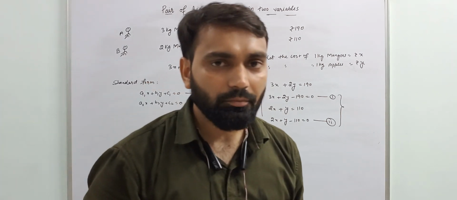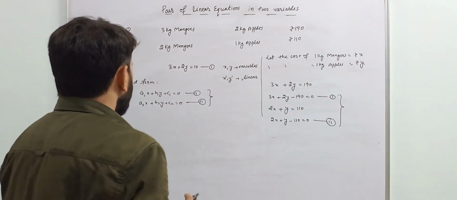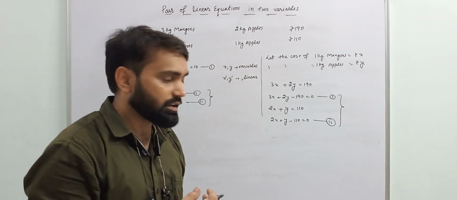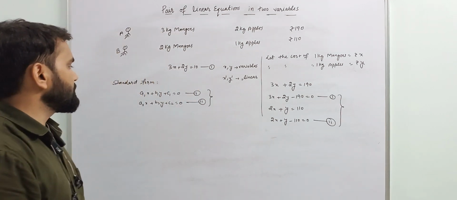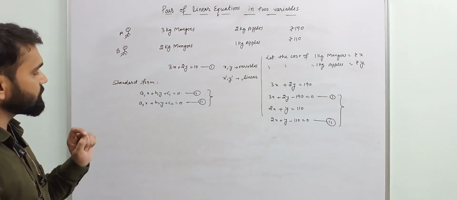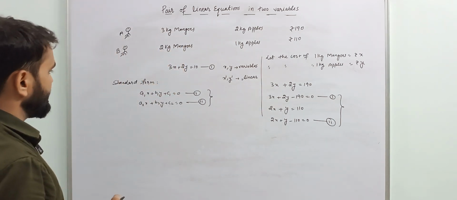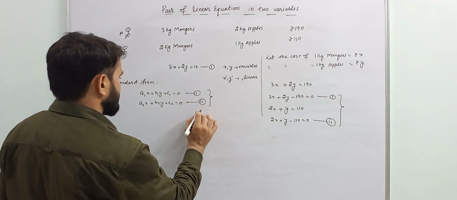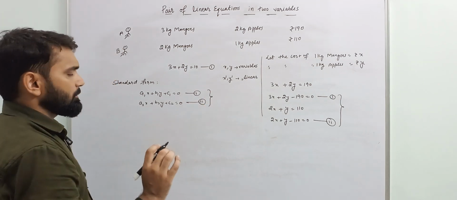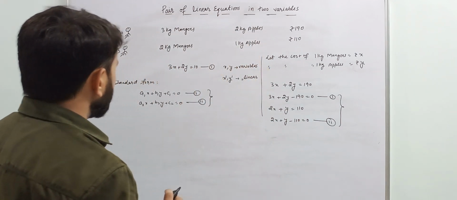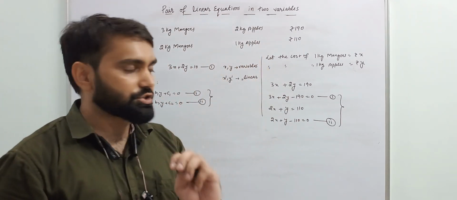Before we solve a pair of linear equations in two variables, we will have to check whether these equations have a solution or not. If these two equations have a solution, we will say the pair of linear equations is consistent, otherwise it is inconsistent. You know that the graph of any linear equation is a straight line. So there will be three situations.